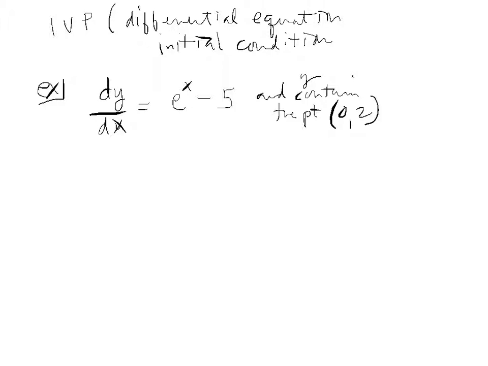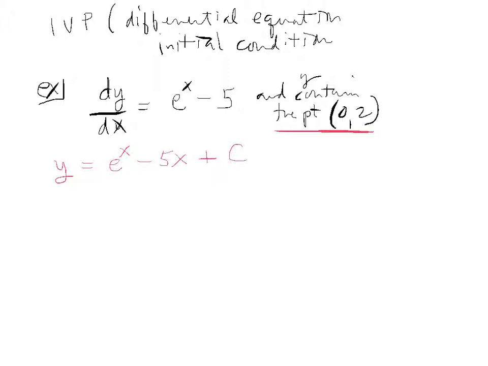So first we're going to do just what we did above. We're going to say y is equal to e to the x minus 5x. That's easy to see. And then I'm going to add a constant. Now I'm going to use this fact right here to help me find out what that c is, because if it has an initial condition, there's only going to be one such equation with that derivative and initial point.